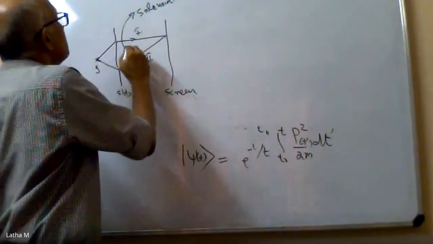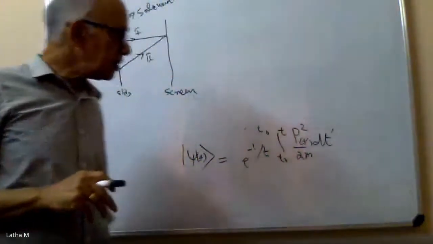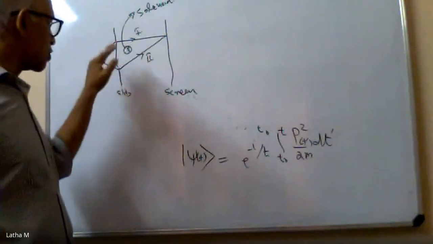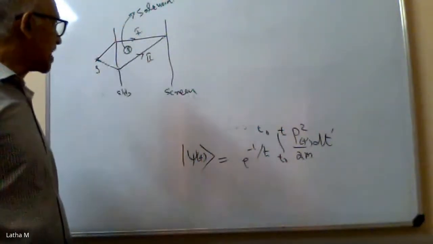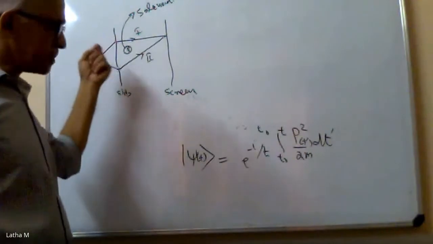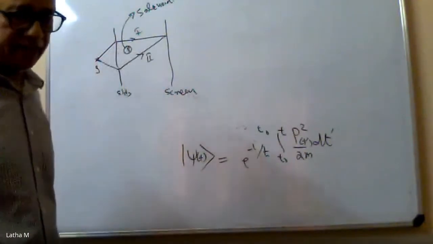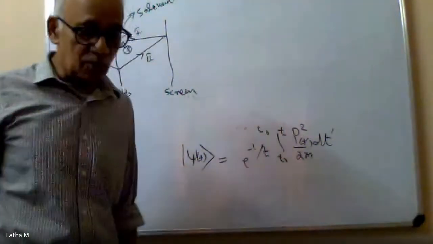There is a magnetic field B coming through the solenoid. It has been found that when there is no magnetic field, there is an interference pattern, and when the current is switched on, there is a magnetic field, and this will cause a change in the interference pattern. And this is called the Aharonov-Bohm effect.